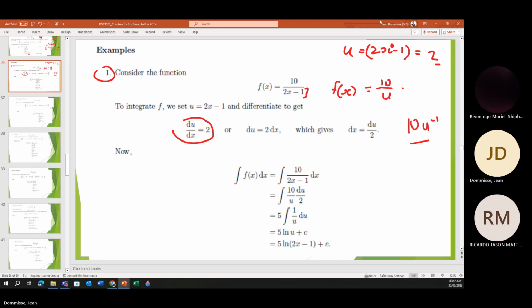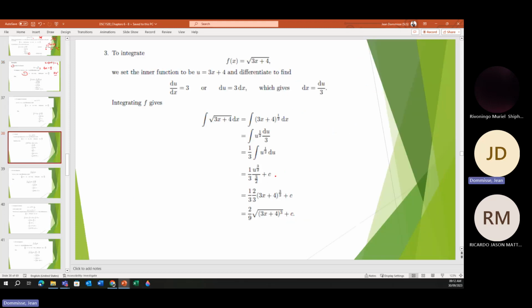So please, and I'll quickly go into another example as well. So if you look at this example, again, we have a two-term expression underneath a square root. So again, I would have isolated that as a 3x plus 4, and if you do that, you can also change it to a half.